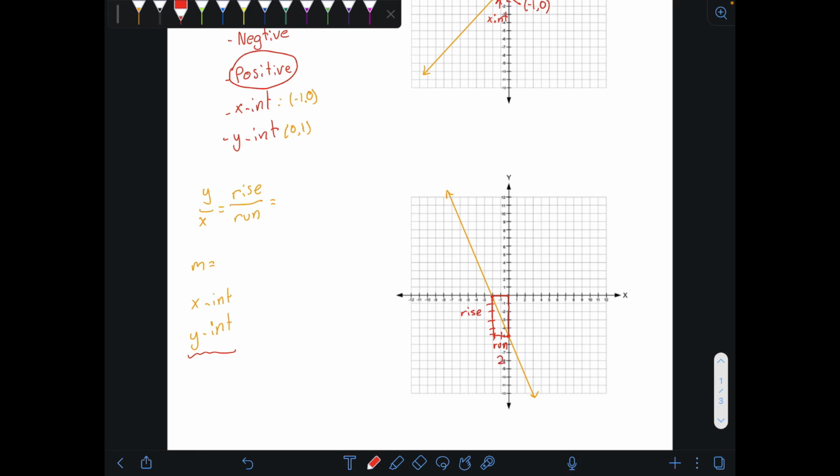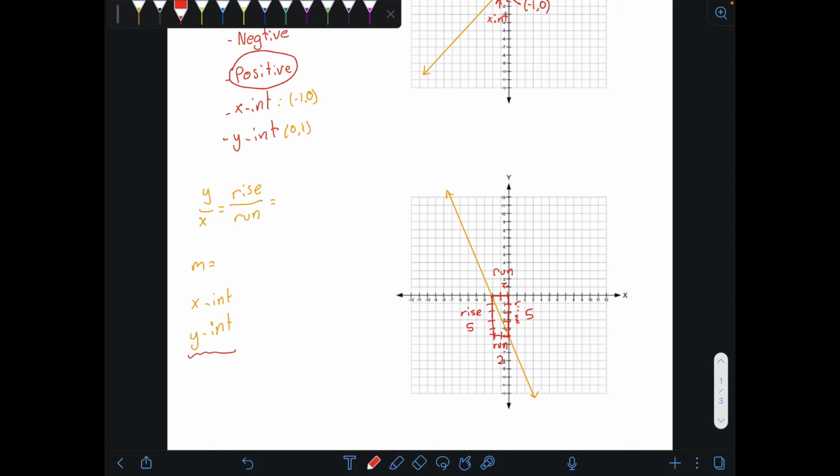So run is 2, rise is 5. And the same way for this side, this will get us 2 for our run. And our rise will again get us 1, 2, 3, 4, 5.